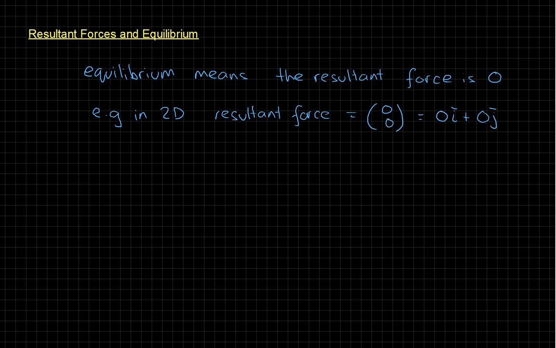If you're finding the resultant force of an object and you get the 0, 0 vector, then that tells you that it's in equilibrium, and equilibrium just means that effectively it's not speeding up or slowing down. So that's what we mean by equilibrium. The resultant force is 0.